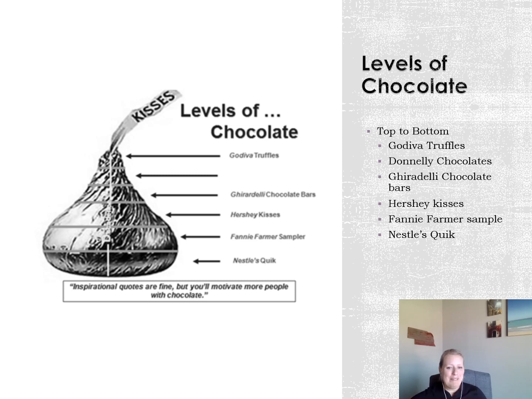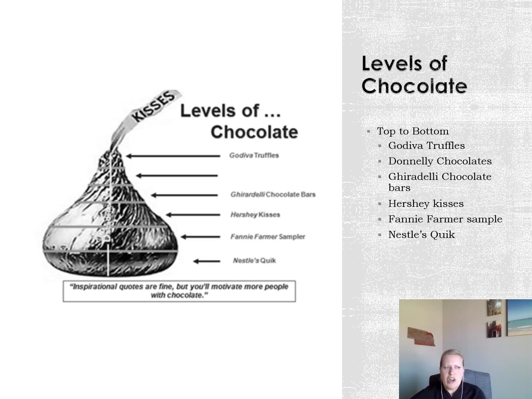When you think about levels of evidence, you can also think of it like levels of chocolate. Now, I don't know about you guys, but I immediately fell in love with Nestle's Quick, and also Hershey's chocolate syrup that you just add into your milk, stir it in and drink it up. That is just delicious.